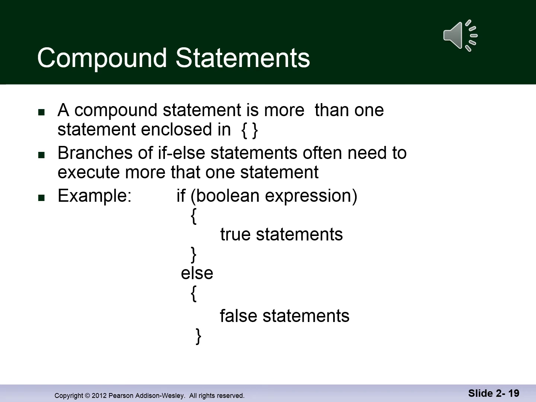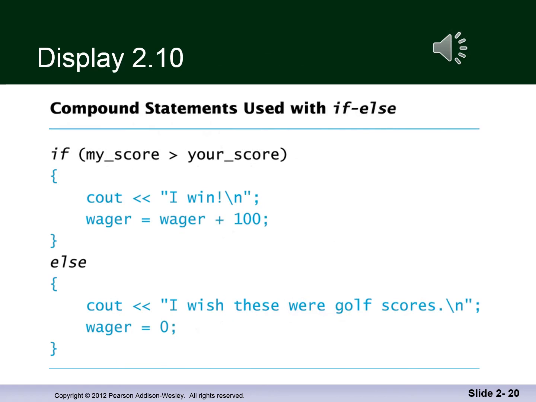This is display 2.10, an example of a compound statement used with if-else logic. The expression being evaluated is if my score greater than your score. So two variables, my score, your score.